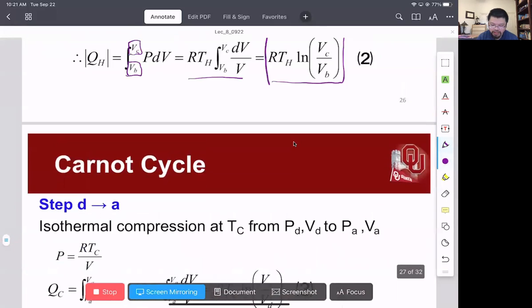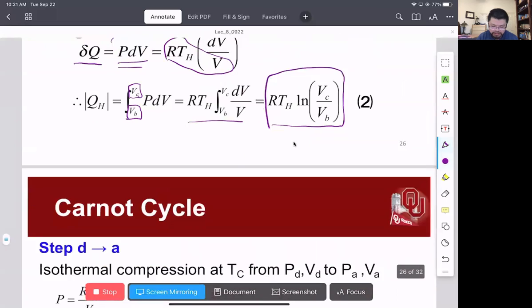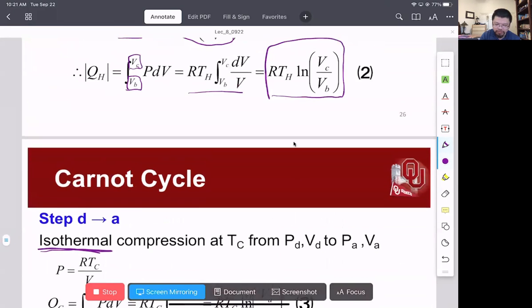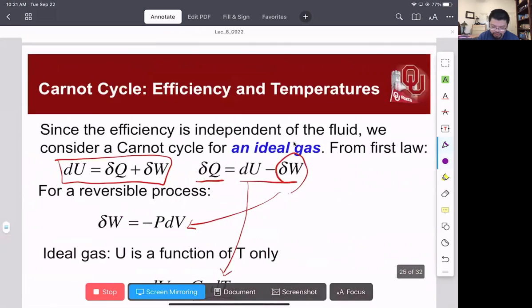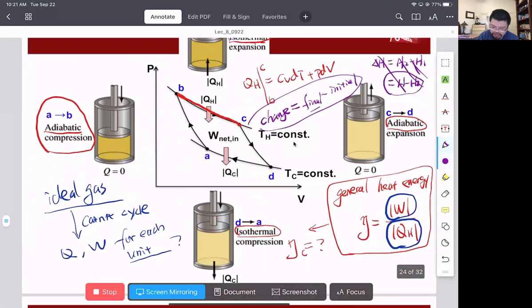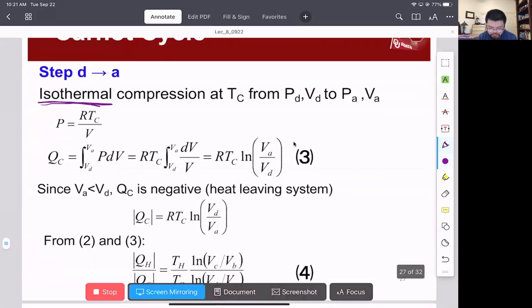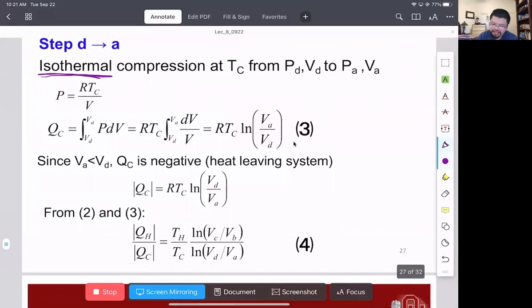What about D to A? What is that D to A? D to A is the corresponding reversible step to this B to C. So now if we go back and run a quick check, this is D to A. We try to figure out what would be the heat output from the isothermal compression unit. D to A would be exactly the same, just changing the initial and final state.